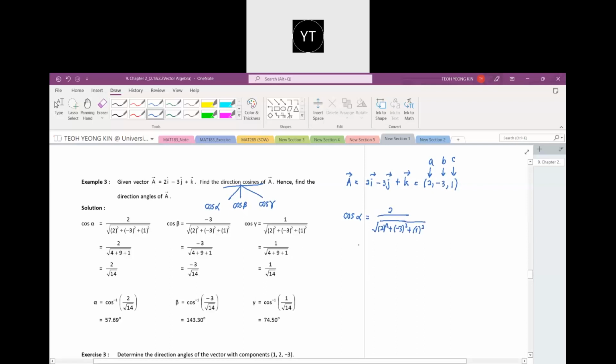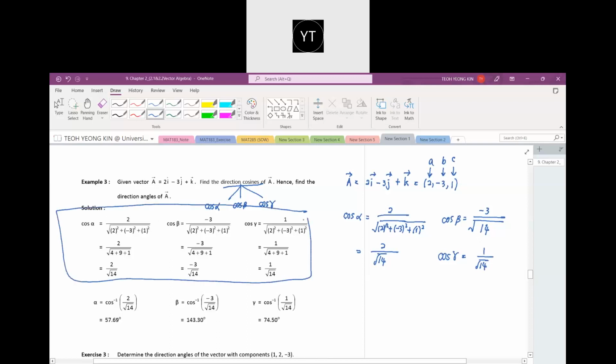So this will become 2 over square root of 14. Cos beta is equal to negative 3 over square root of 14 again, because we already calculated it. And then cos gamma is 1 over square root of 14. We calculate only once. The others are the same.